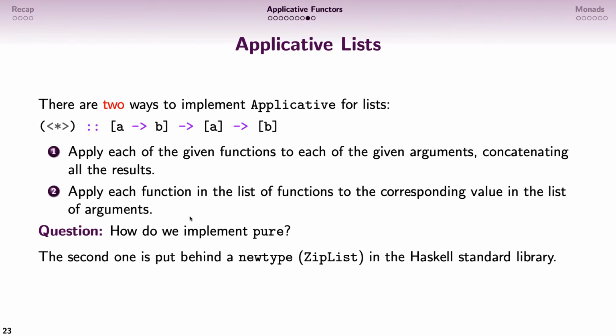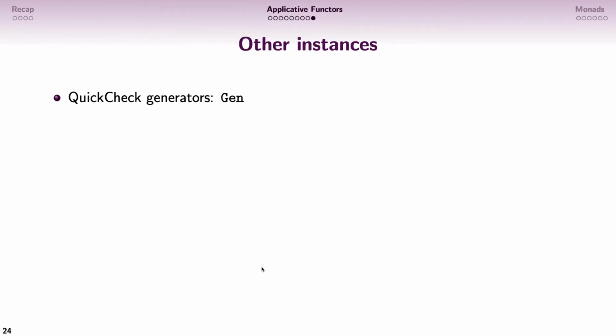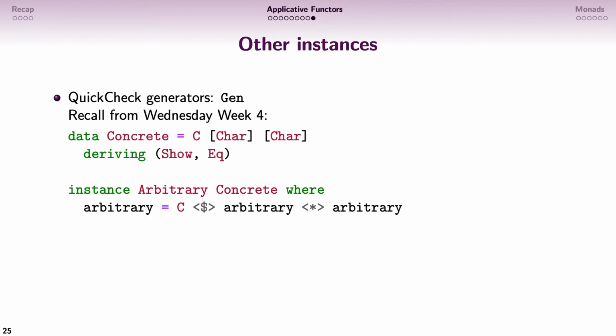So there are many other instances of applicative. Quick check generators are also applicatives. If you remember from, I think it was Wednesday of week 4, Curtis went through this concrete editor example where we had 2 strings, one for the left-hand side of the cursor and one for the right-hand side.